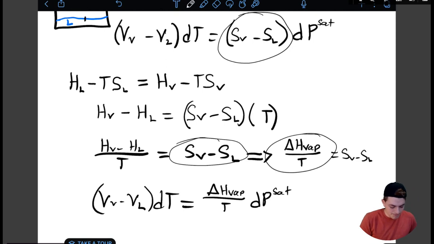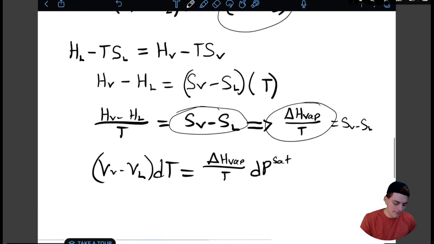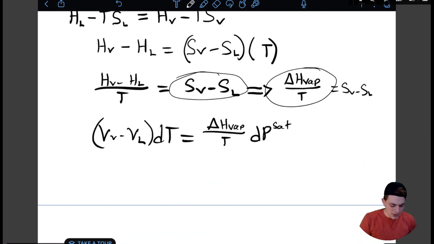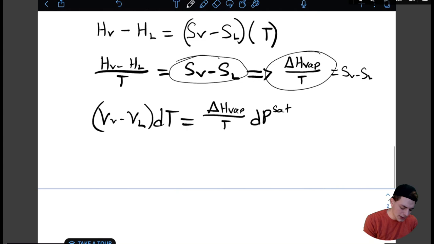Okay. Now from here, we again want to move the terms to their proper sides. So this time I think I'm going to put the differentials together. And what that's going to do is end up with an expression that looks like this.